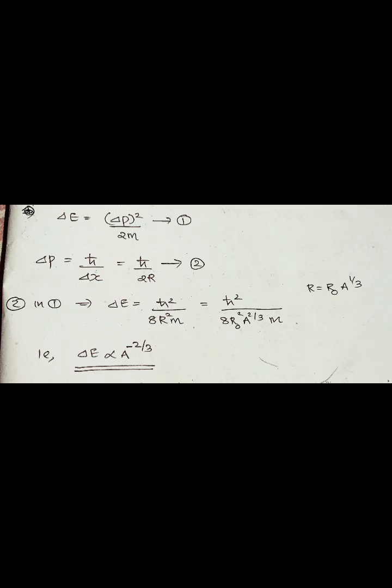This is equation number 2. Substituting 2 in 1, ΔE = ħ²/8R²m, where R = R0 A^(1/3). We can write this as ħ²/(8R0² A^(2/3) m). That is, ΔE is proportional to A^(-2/3). So this is the answer.